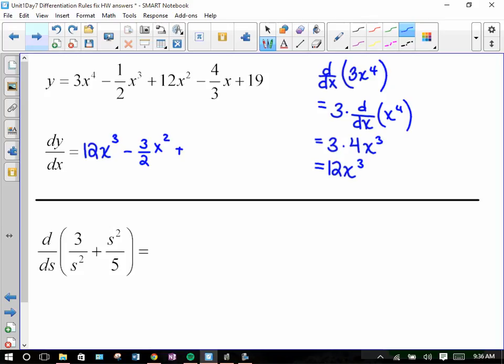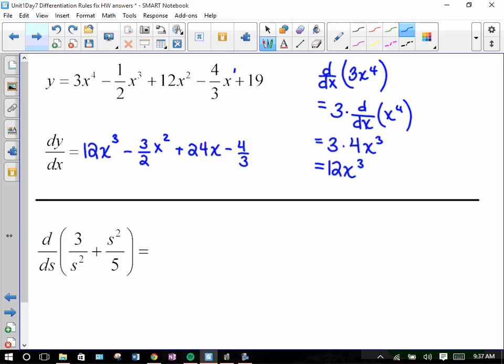Plus 2 times 12, which is 24. Right here, we take the 2, subtract 1 from that, that's x to the first power, which is x. This is minus 4/3, x has an exponent of 1. So we have minus 1 times 4/3, which is 4/3. 1 minus 1 is 0, so x to the 0 power is just 1.